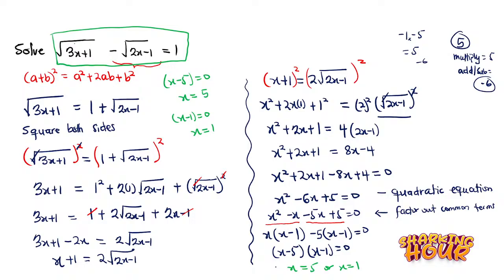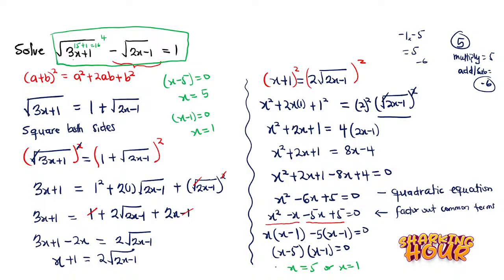Let me take the first one. If I put 5 in here first, 3 multiplied by 5 gives me 15, plus 1 gives me 16, and the root of 16 is 4.